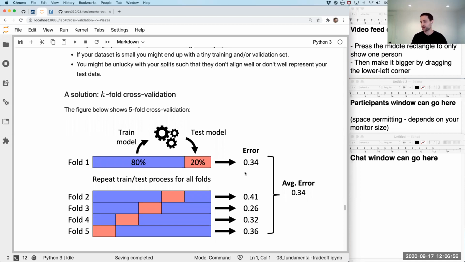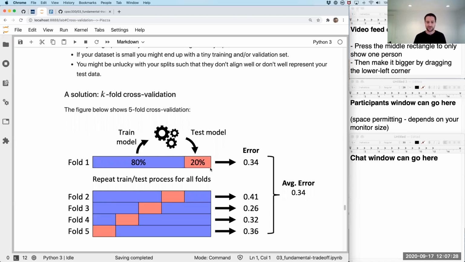But now we're going to take the next 30 of you and say, okay, hey, next 30 of you, now it's your turn to be the validation set. And so now another different 30 of you are the validation set, and I'm training on everyone else and validating on those 30 of you. And I get a different score, say it's 0.41. And then I go to the third fold, which is the next 30 of you. And now it's your turn to be the validation set, train on everyone else, get the score on you, write down the score.